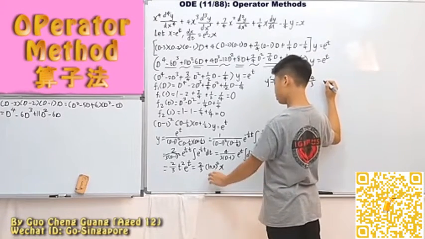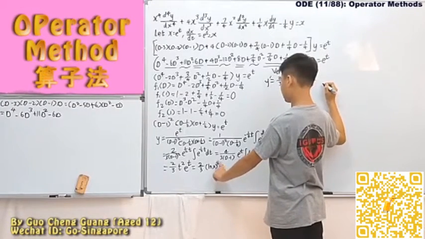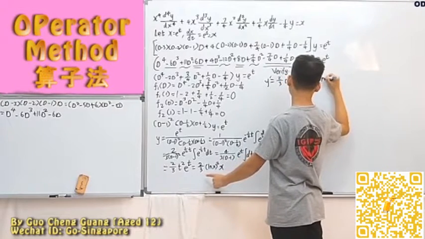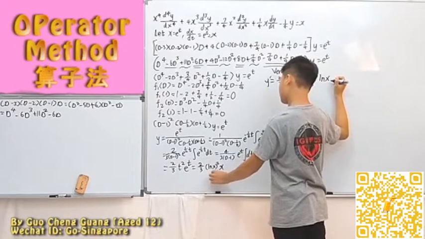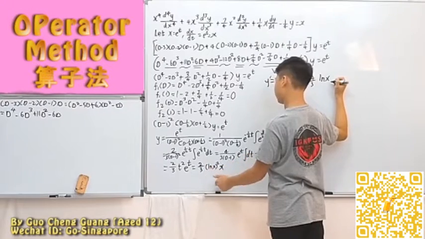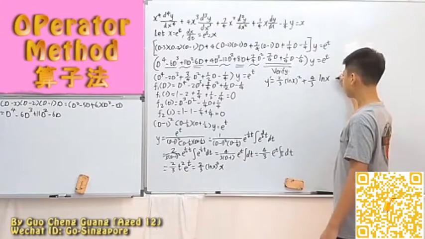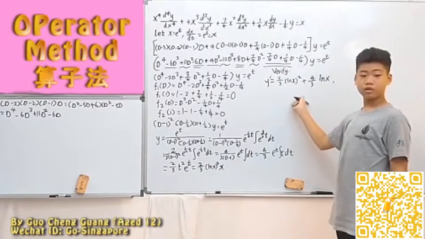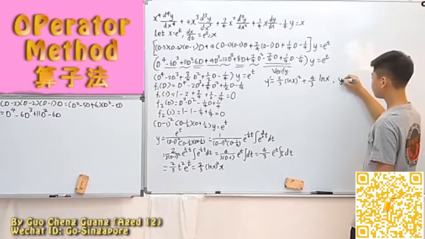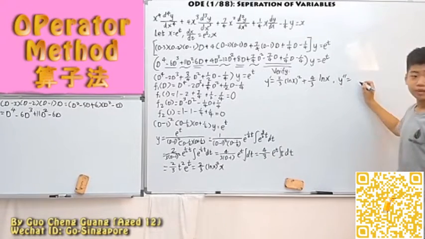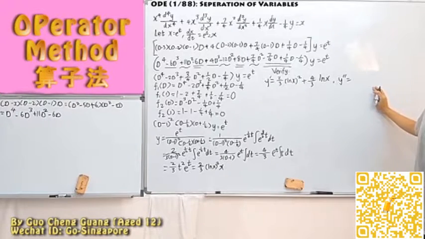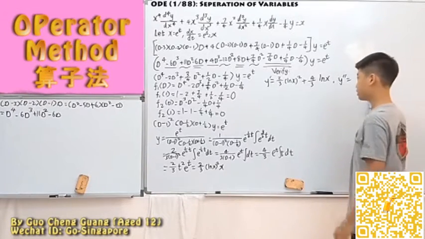So if you use this, yes, extra 2, you still get a ln x. But then after that, ln x differentiate, you get 1 over x, 1 over x, simplify with the x. Okay, so this is your first derivative of y. Then it will become your second derivative, which you need to find afterwards.